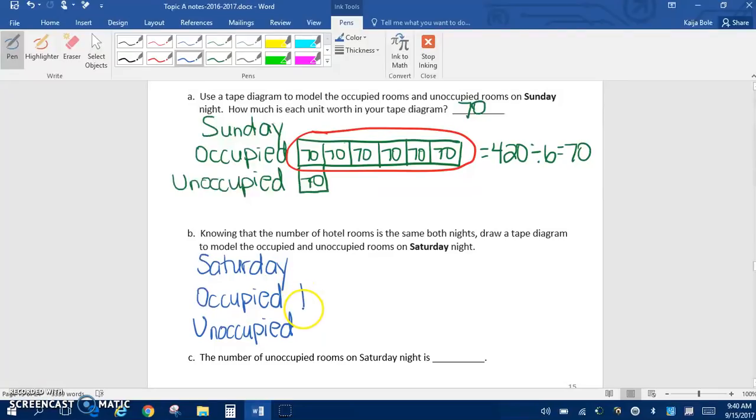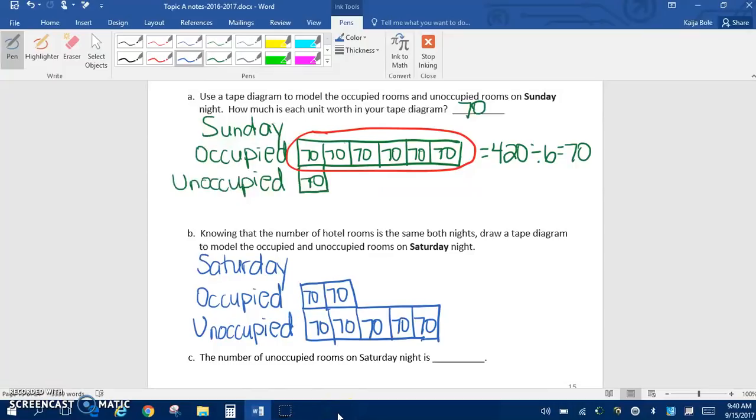So occupied is going to get 2 boxes. Unoccupied is going to get 5. Alright. And we know from up above that each box represents 70. So that's the same thing for this diagram as well. So every box you can fill in with the number 70, because we are using equivalent ratios.